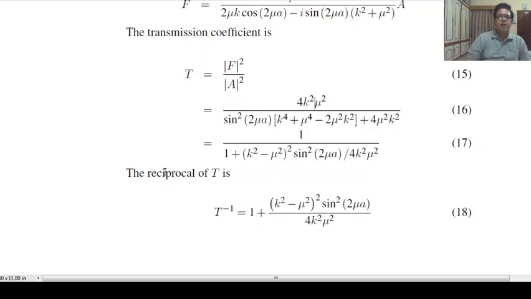The reciprocal of T, T inverse, is equal to 1 plus (k square minus mu square) whole square sine square 2 mu a upon 4 k square mu square.